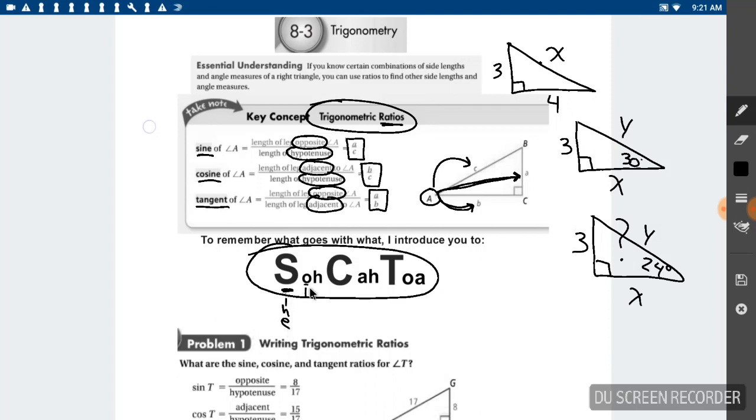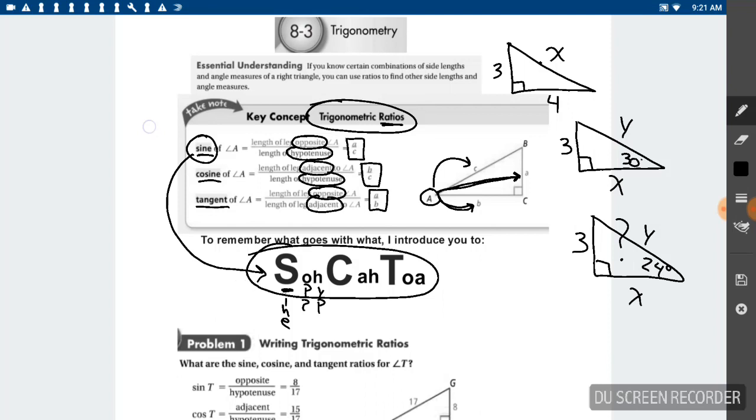O stands for opposite. And H stands for hypotenuse. So up here, we talked about the sine being opposite over hypotenuse, and that's what the Soh is all about, to remind you what goes with what.